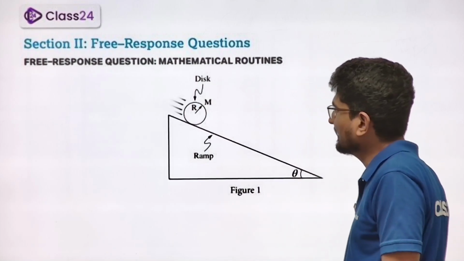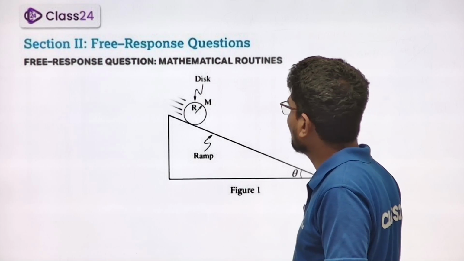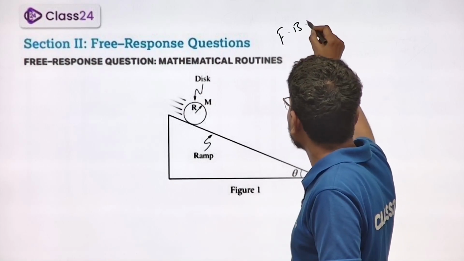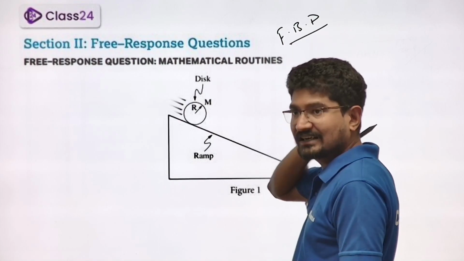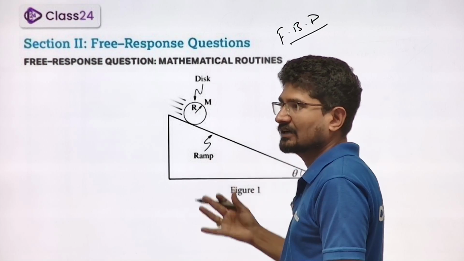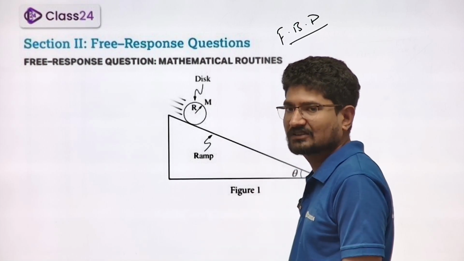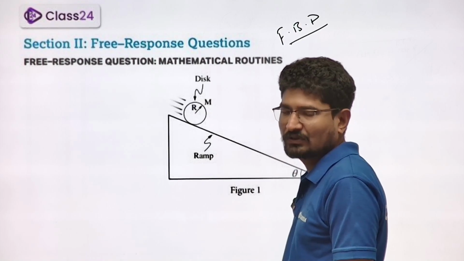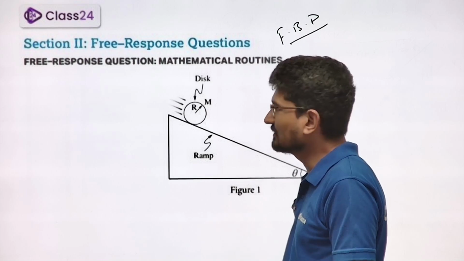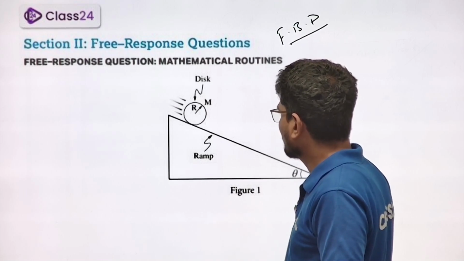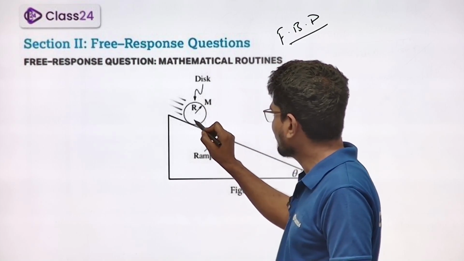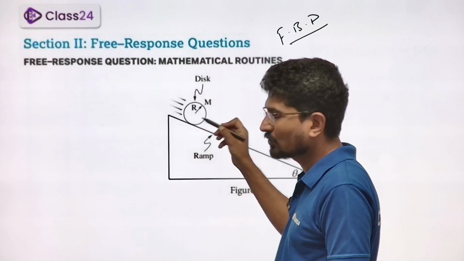First we have to draw the diagram of the forces, which we call the free body diagram. The difference in AP Physics is that the questions are comprehensive, so you need reading comprehension skill. It is mentioned that the disk is rolling without slipping.